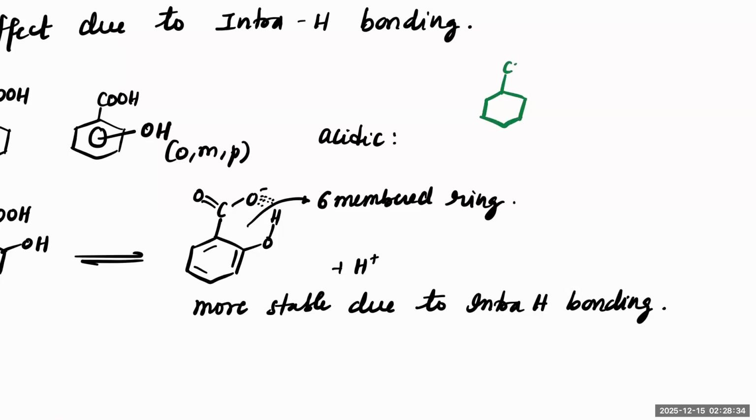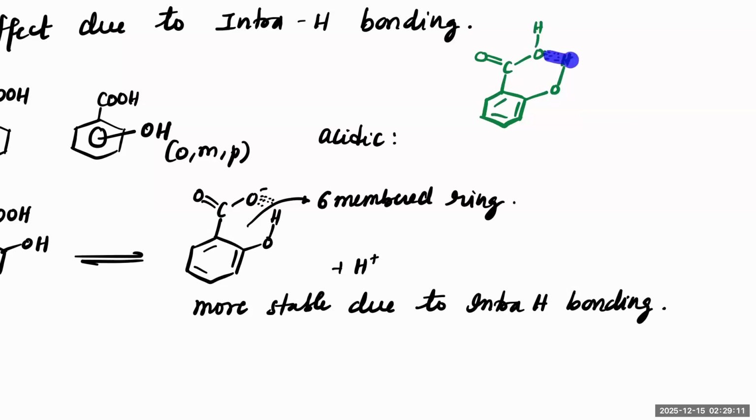We should get this as C, O, and H. And here we have O and H, and here we should have a double bond O. So definitely this oxygen and hydrogen can offer hydrogen bonding, or vice versa also. That means it might happen like this, that this hydrogen is going here, and between these two there is a hydrogen bonding like this originally.